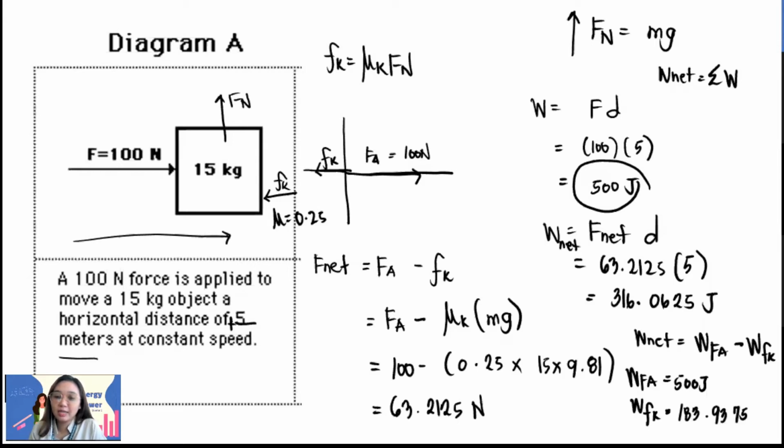Okay? So, negative po yan kasi negative si friction, as well as, pag kinosine 180 natin yan, cosine 180 is negative 1. Okay? So, kaya negative din si friction. Nakukuha po ba, mga kapatid? So, i-minus lang natin to, 500 minus 183.9375. So, we would be arriving at the same answer.